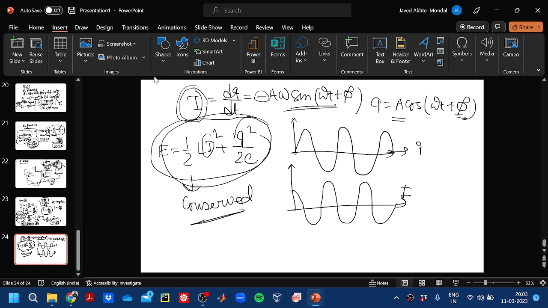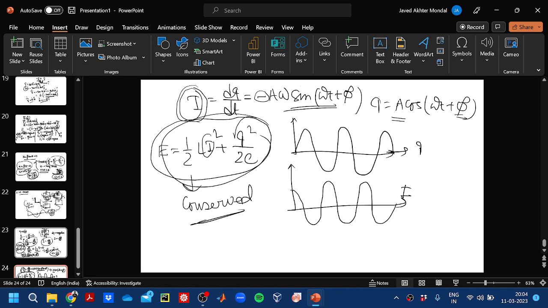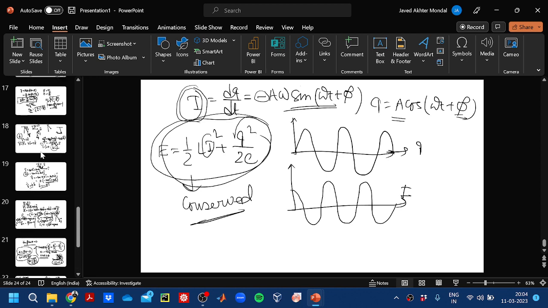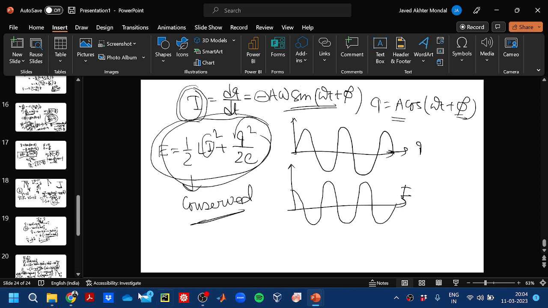Total energy is conserved, and it is oscillating between the electric energy and the magnetic energy. For a certain amount of time it is stored in the capacitor, and for a certain amount of time it is stored in the inductor. So the individual energies are oscillating, but the total energy is conserved. These are some examples of harmonic oscillatory motion.